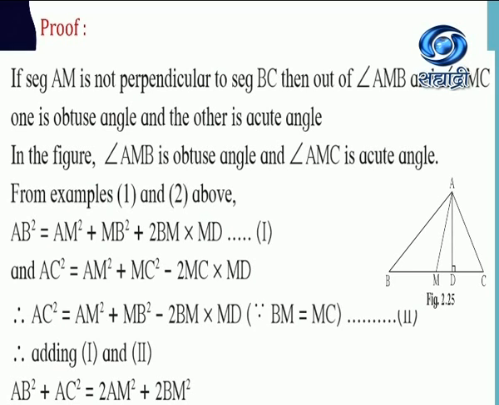So instead of 2MC, we can write 2BM. And when you add both these equations 1 and 2, you get AB square plus AC square is equal to twice AM square plus twice BM square, as minus 2BM into MD and plus 2BM into MD get cancelled. This is what we prove, and this is known as Apollonius theorem.